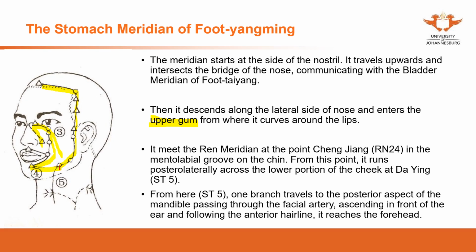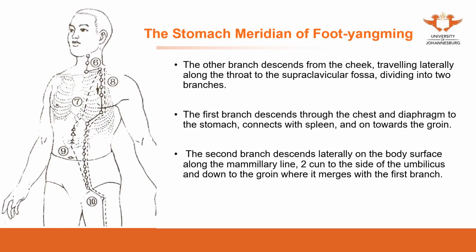The other branch, also from stomach 5, goes all the way down. So from here, it divides into 2 branches. The other branch descends from the cheek, travels laterally along the throat and supraclavicular fossa, and divides into 2 branches again.